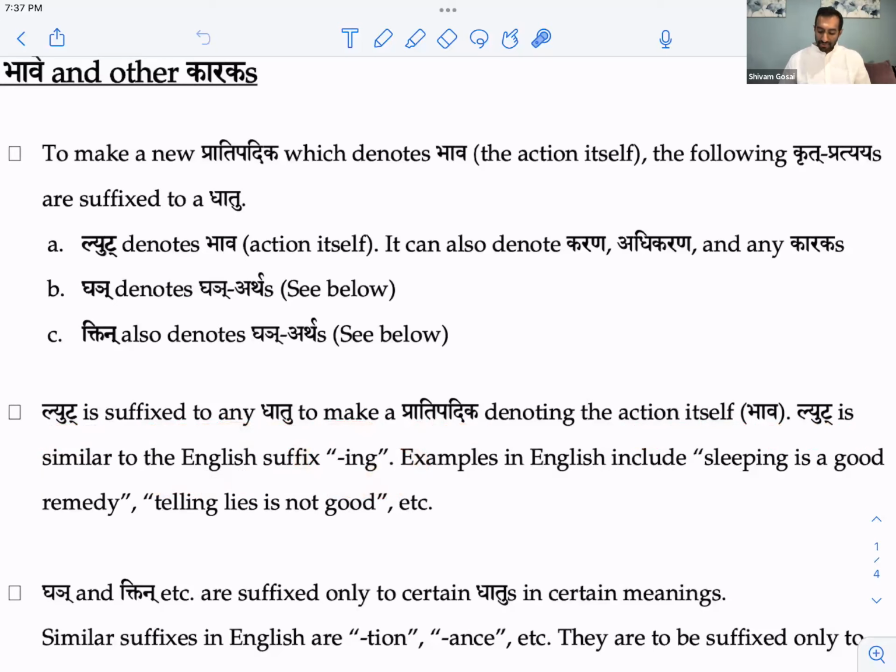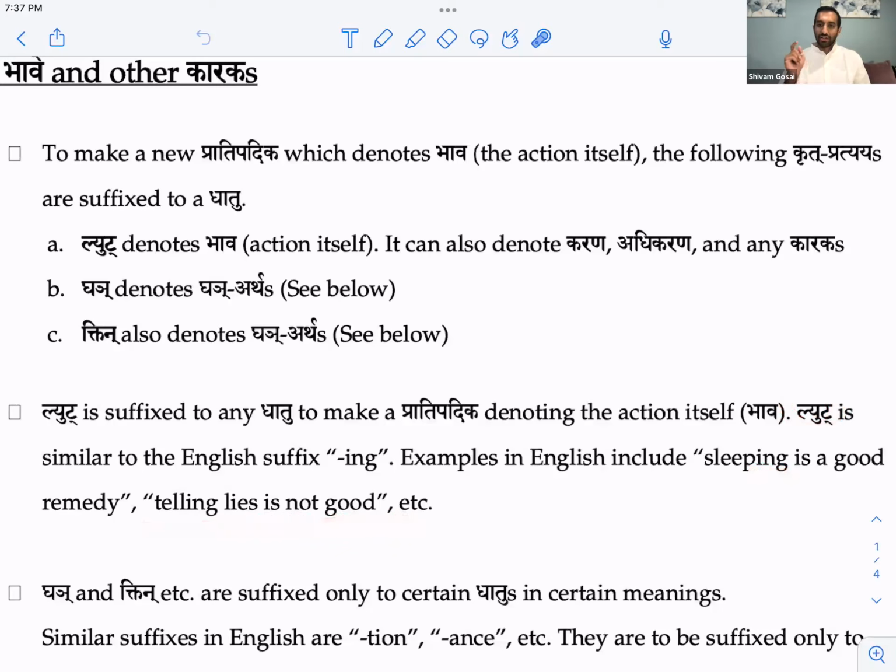So English examples include sleep, right? If I sleep, that's the dhatu, is the sleep. But now if I add an ing pratyaya, then it means sleeping, right? So similar here, if we have a dhatu and then I have lyut, it is like adding ing. So sleeping is a good remedy. Or telling lies is not good. The word telling, right?